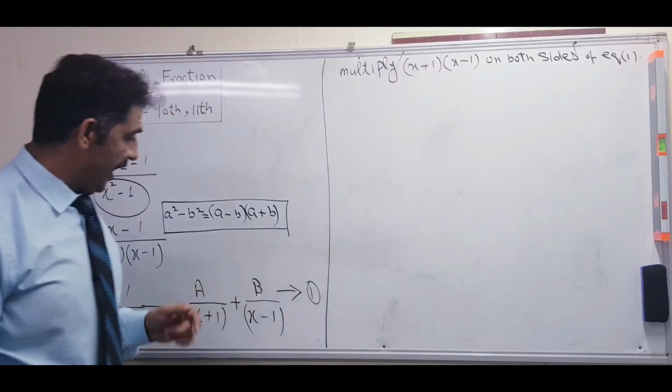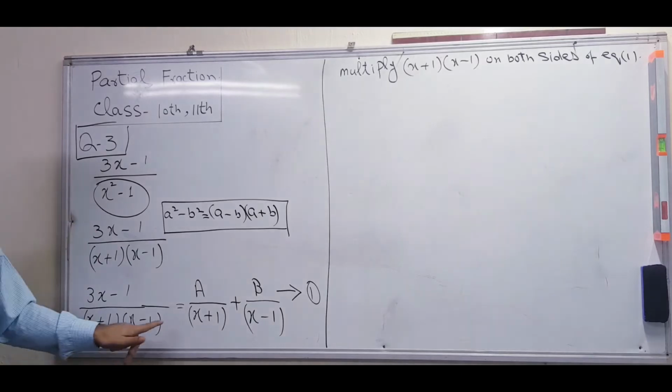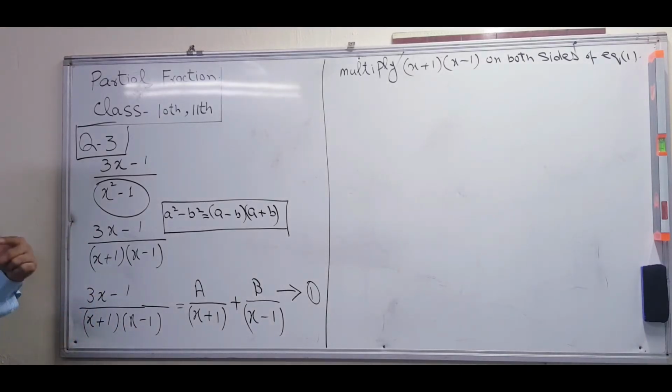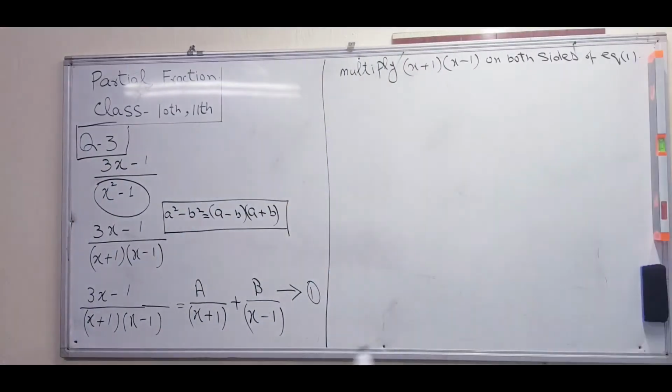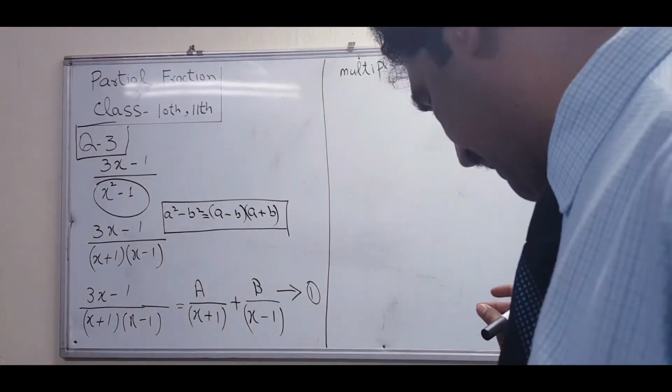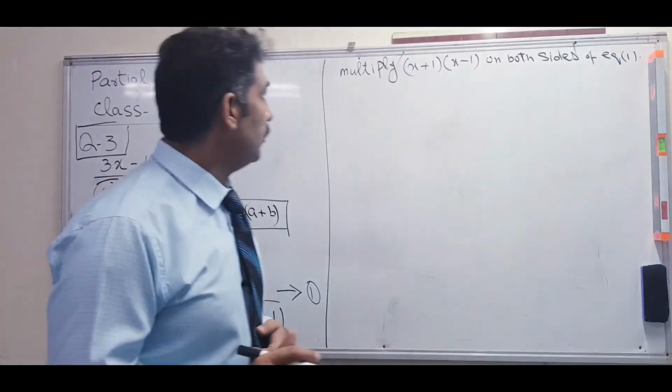We have to multiply equation 1 by the whole denominator. Then we will check whether the board is clear. The board is clear.